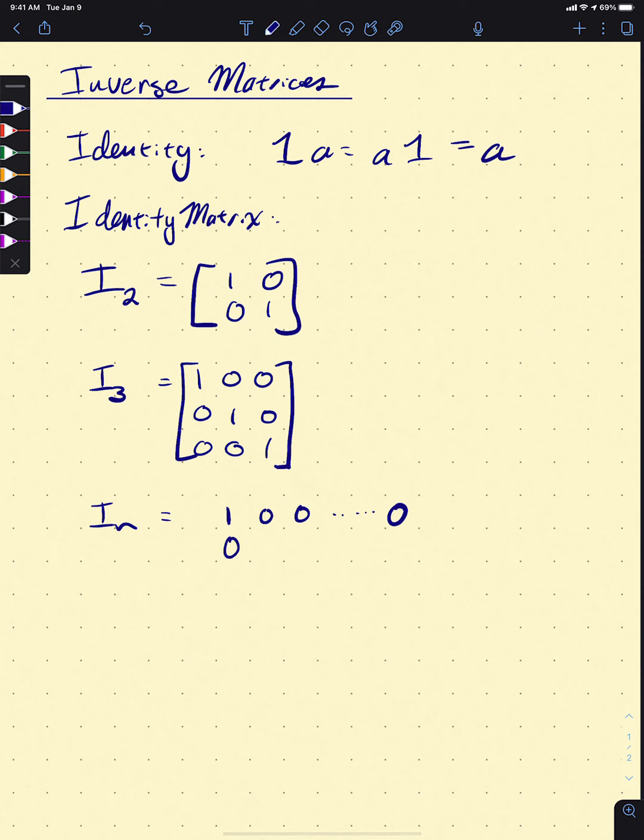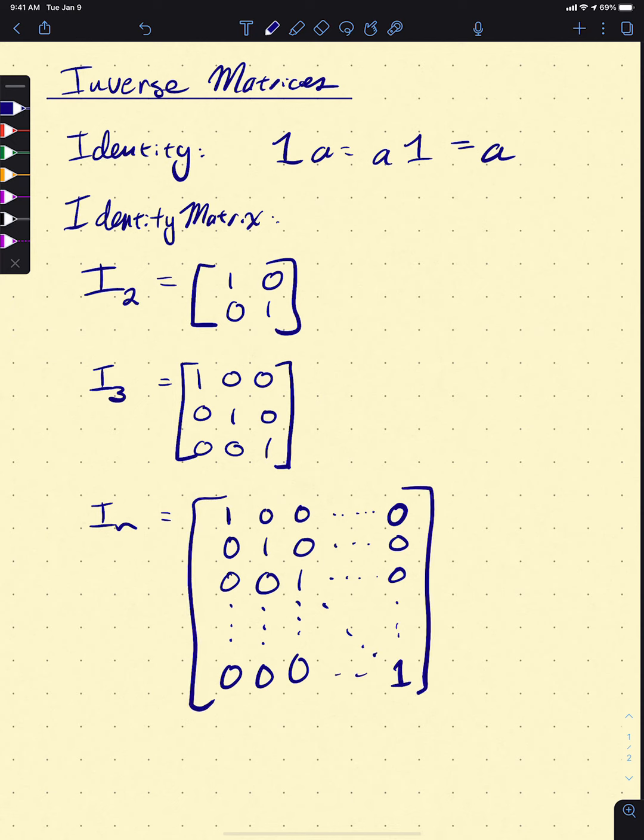You'd have 0, 1, 0, and so on, and so forth. I think you get the gist, and then a 1 in that corner. And it's worth thinking through that this would work and how it would work.